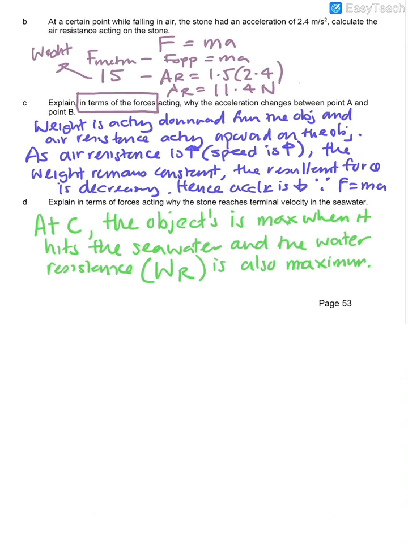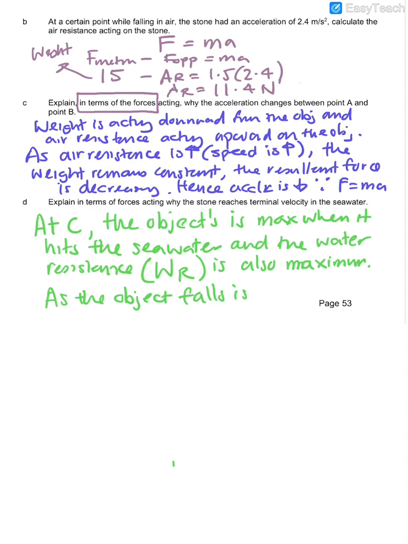Then the next move after that, describe what's happening to the object as it lands into the seawater. Now it's in the seawater, and what's happening to it? Speed is constantly decreasing.